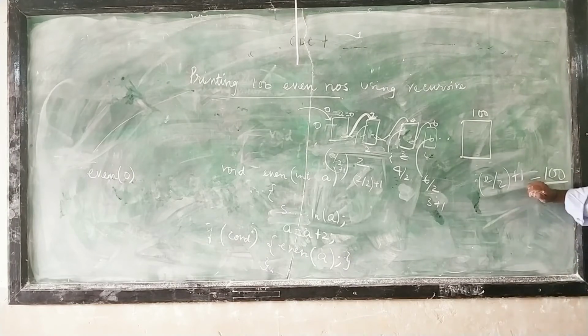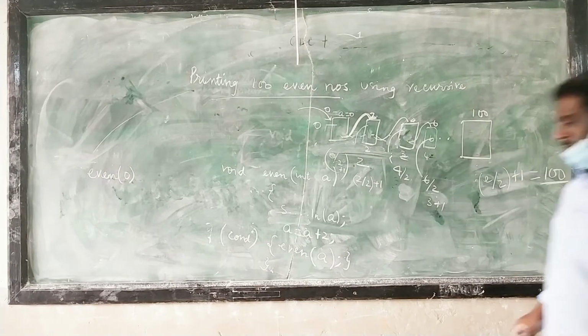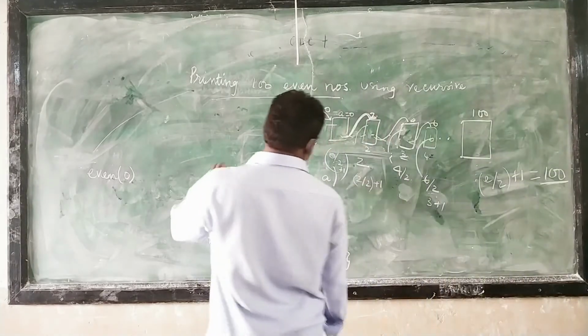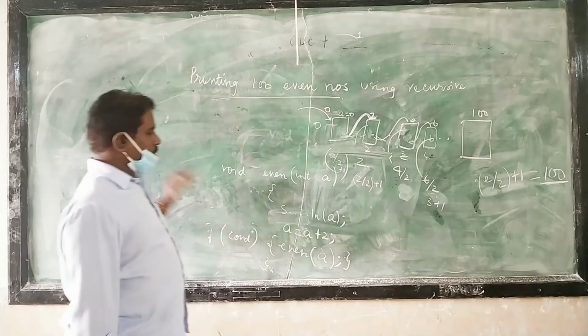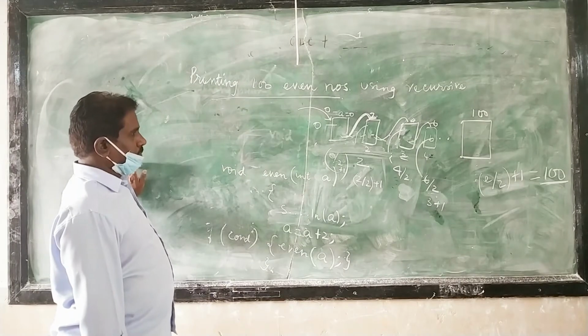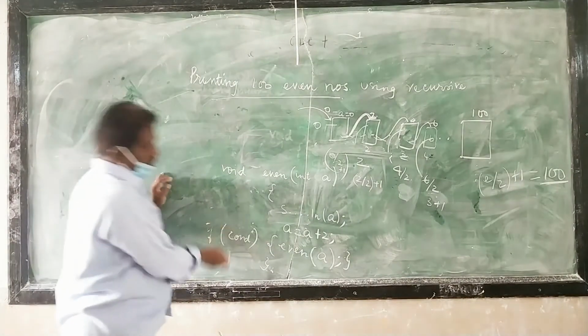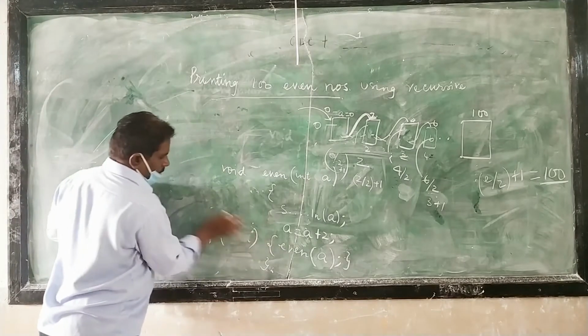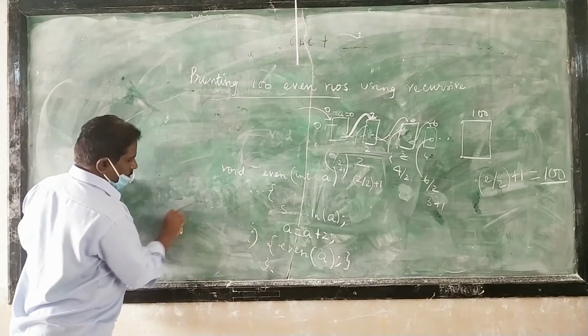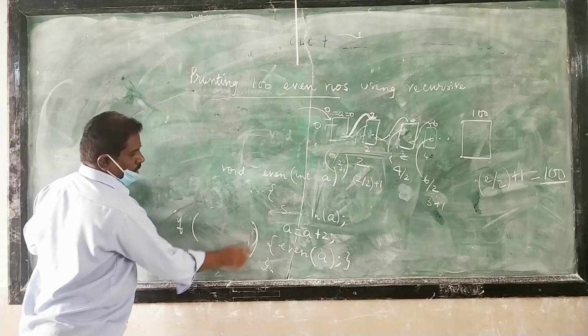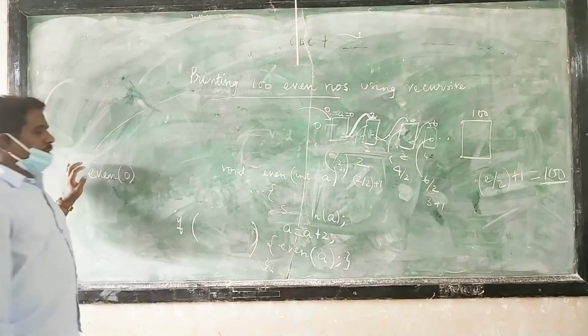If it is 100, that is our last block. So what are you going to do? E divided by 2. We are going to put a condition. We should not proceed past the 100th number. We have to stop at the 100th number.